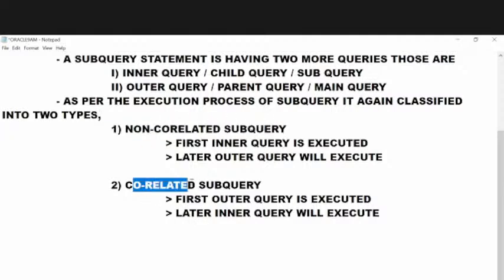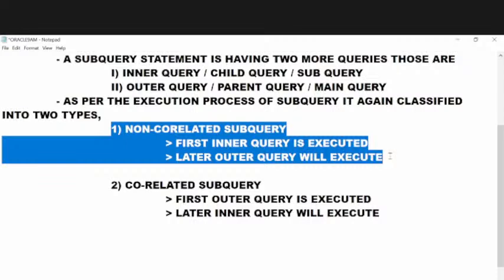Other than these two situations, don't touch correlated subqueries. We will see that practically in the examples. First we will discuss non-correlated.